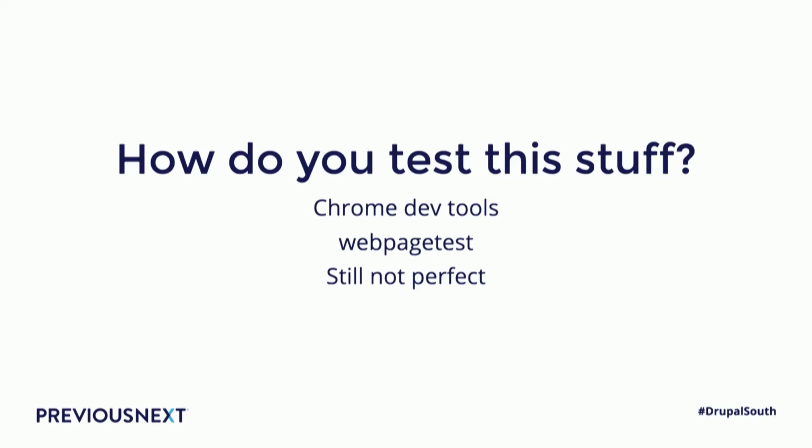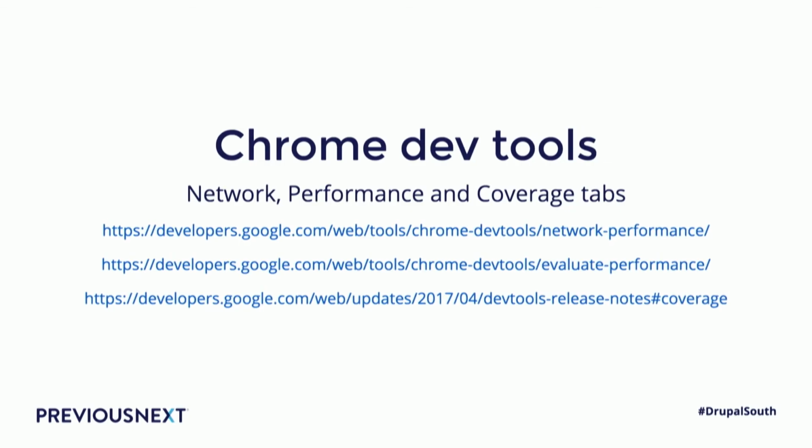So how do you test this stuff, really? It's not a foolproof way, but I just found it really easy to use these tools. Quickly, Chrome DevTools: the network tab, the performance tab, and the coverage tab are detailed in these links, but they're really useful for getting quick feedback on what my change has created.